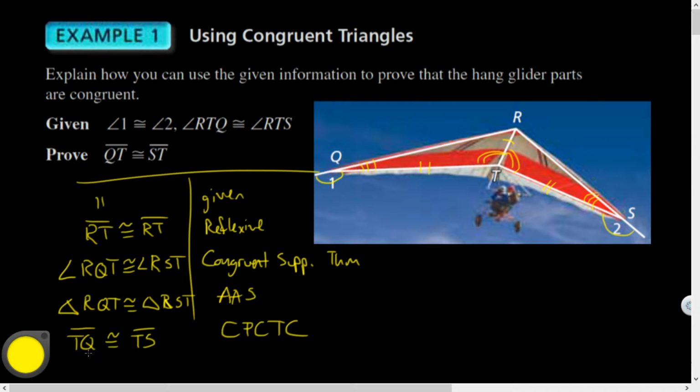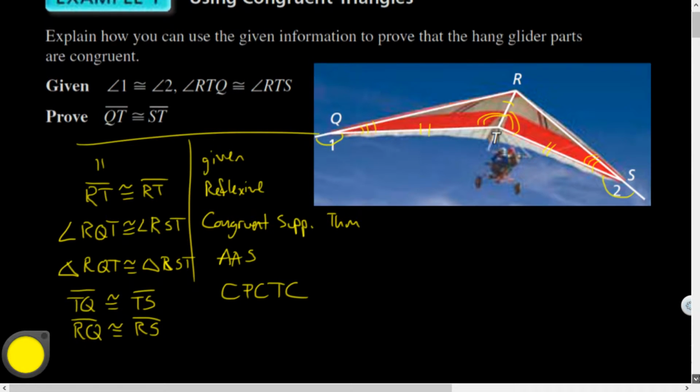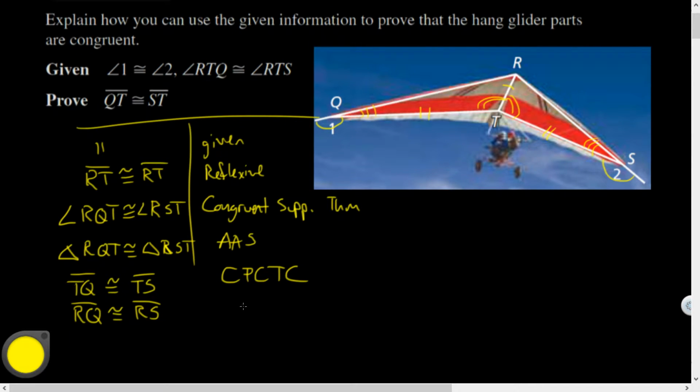I know that segment RQ is congruent to RS. Why? Because of CPCTC again. I'm not even going to use the ditto marks. We should probably get practice with it.